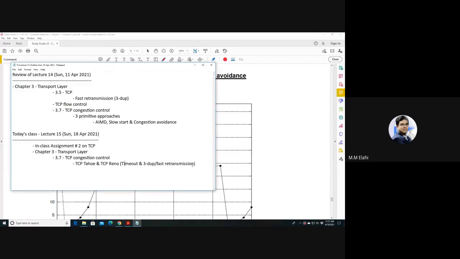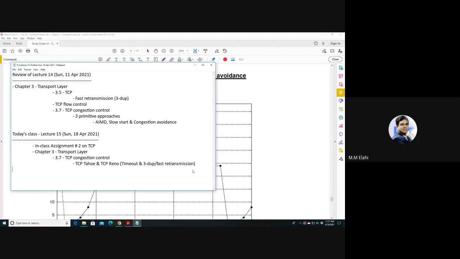So in case of timeout, for both slow start and congestion avoidance, it will again start from 1 MSS. In case of three duplicate, it will be half.